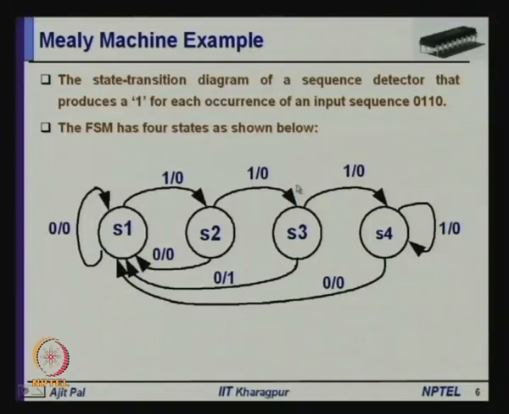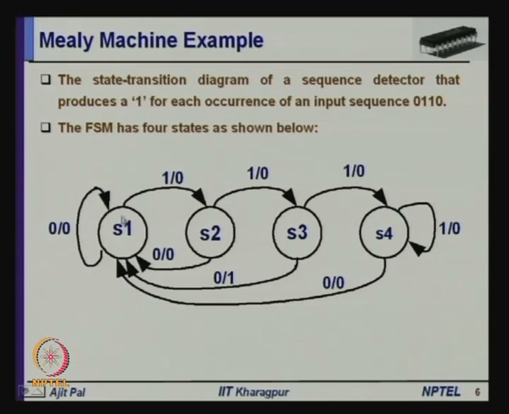As you can see, the finite state machine has 4 states, S1, S2, S3 and S4, and S1 is the initial state. Whenever it is in state S1, if a 0 comes, it remains in this state S1.